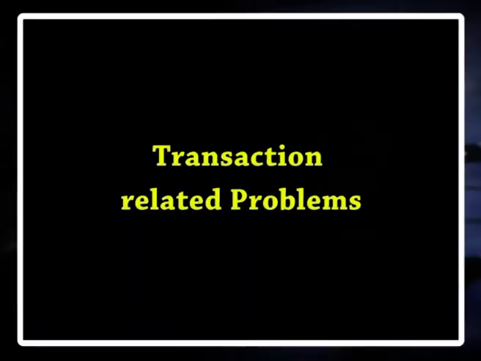Next disadvantage is transaction related problems. For example, in a banking system, consider a transaction that transfers rupees 2000 from account A to account B. Suppose that a system crash occurred after the removal of 2000 from account A, but before depositing to account B, which may result in an inconsistent state.